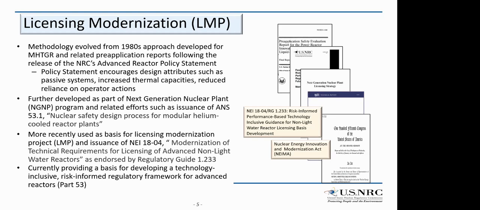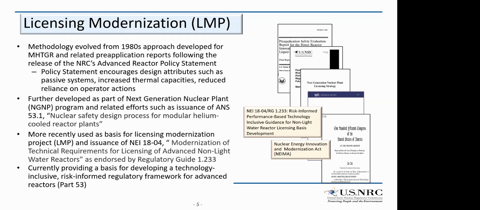But before that, it built off of the Next Generation Nuclear Plant. It built off of the efforts in the early 2000s, such as NUREG-1860, and an advance notice of proposed rulemaking in 2006 that reflects some of the same thoughts that we're doing now in Part 53, or proposing to do in Part 53.